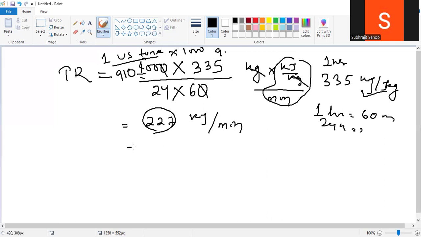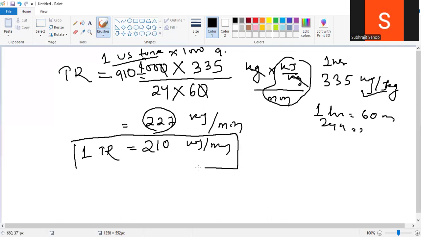It will decrease. It will come around 210 kilojoule per minute. So this is the standard value. As per the US standard, 1 TR equals 210. As per the Indian standard, 1 TR becomes 227 kilojoule per minute.